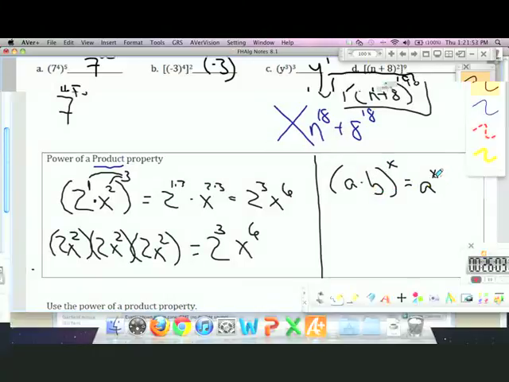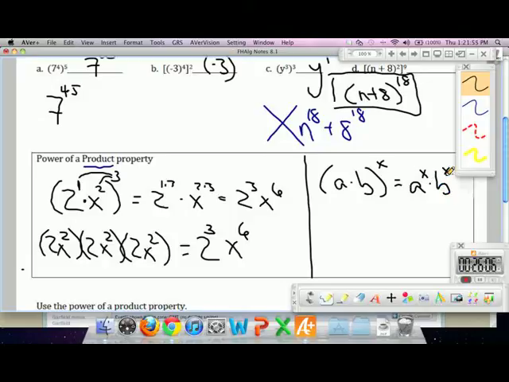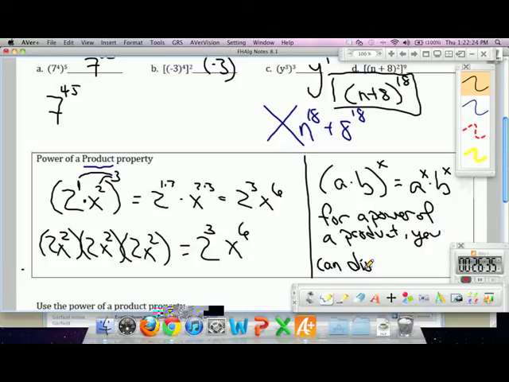Or in words, for a power of a product, you can distribute the exponent.